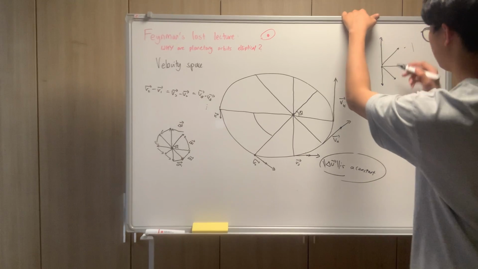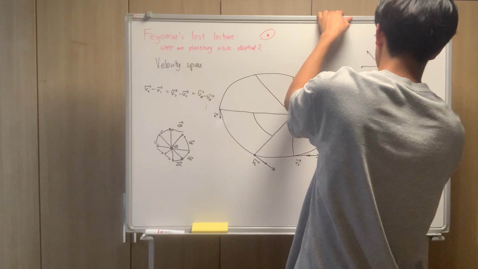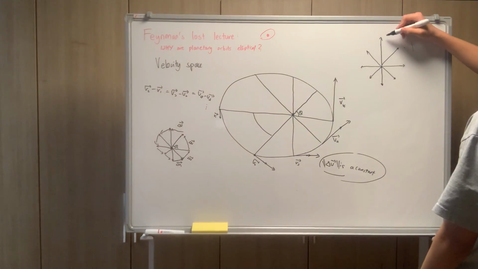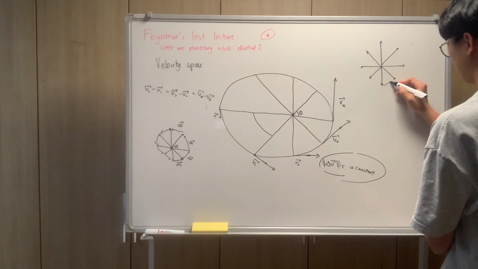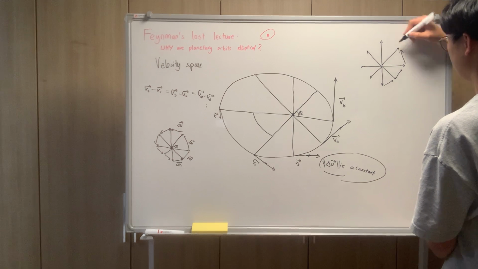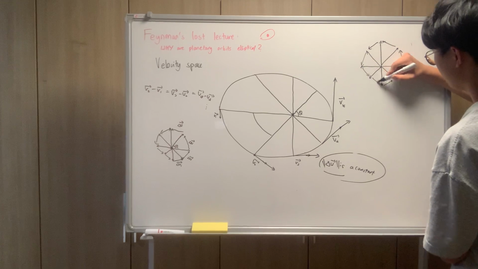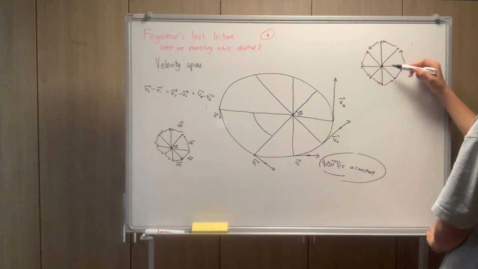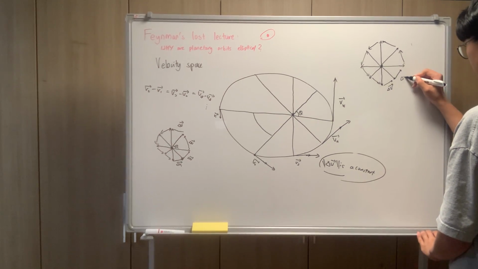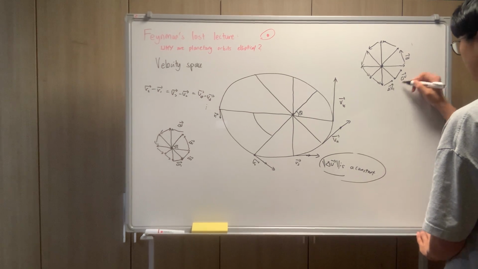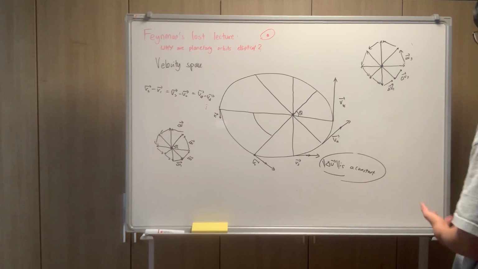It's going to look something like this, whereby this length is bigger than this length, but still we get a polygon, whereby the magnitudes of the changes in velocity, delta v, are always the same. Although, as you can see, these lengths are different, delta v is always the same. The scalar lengths of them are always the same.